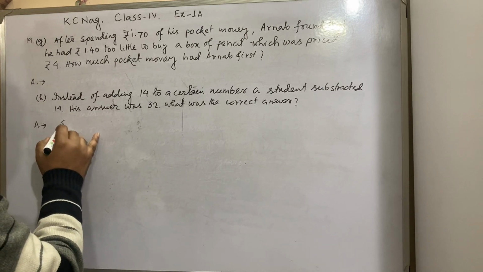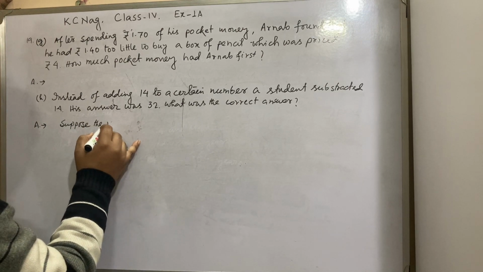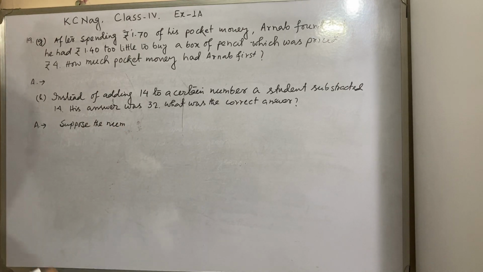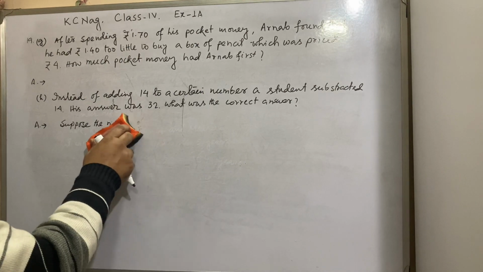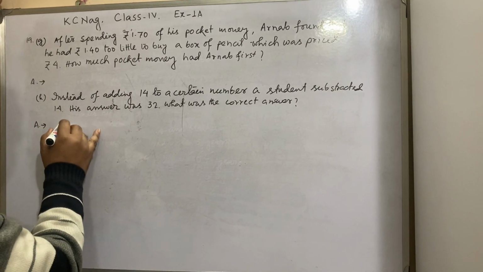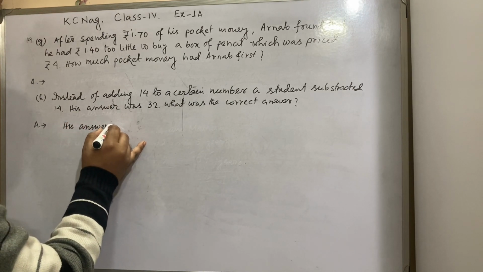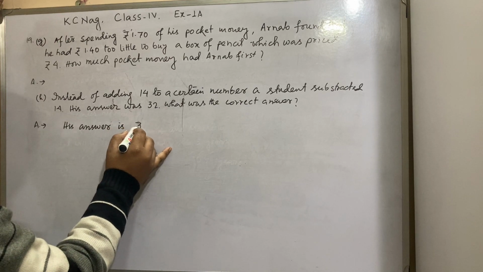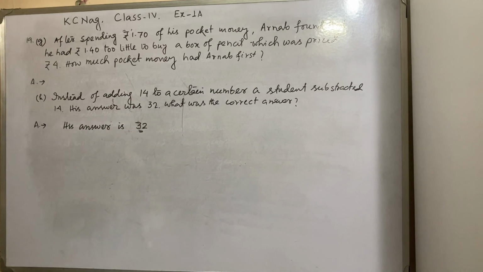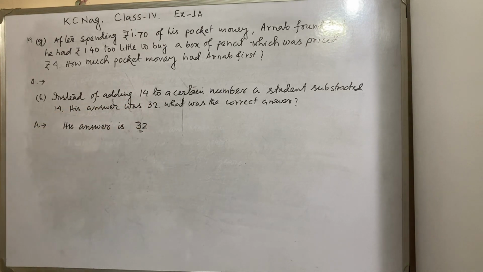Let us suppose the number, or in another method we can solve this. Now his answer is 32. So actually from the original number he subtracted 14 to get 32, but he had to add.